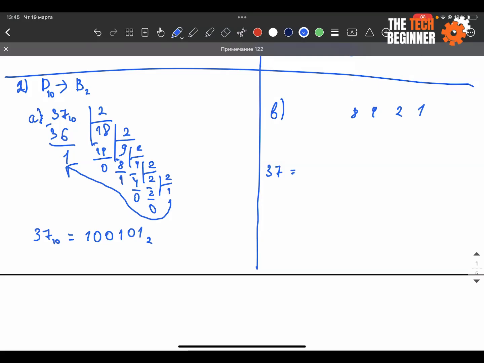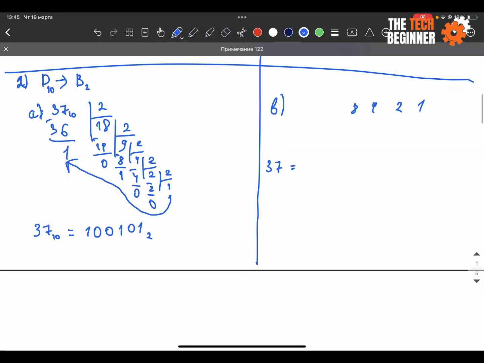We just find what numbers can be members of the sum of 37, and we have to start from the biggest number. So let's have a look right here: after 8 times 2 is 16, and then 16 times 2 is 32. So we stop at 32. The first biggest number that can be a member of the sum of 37 is 32.